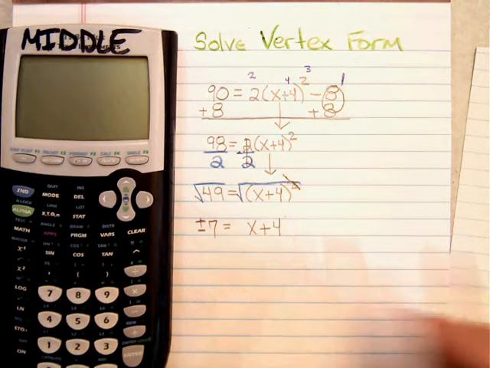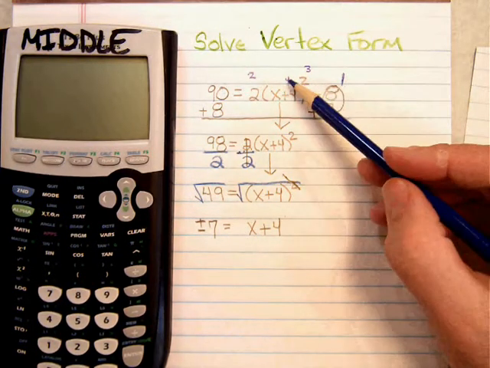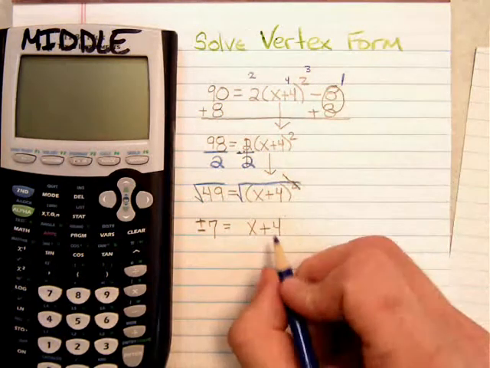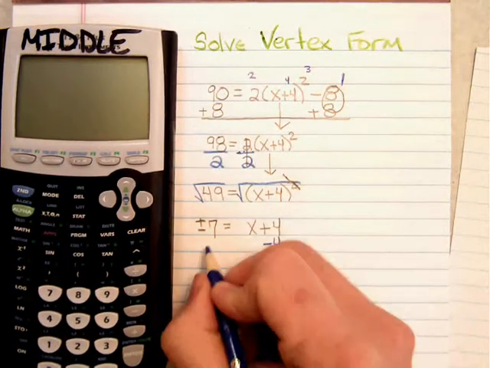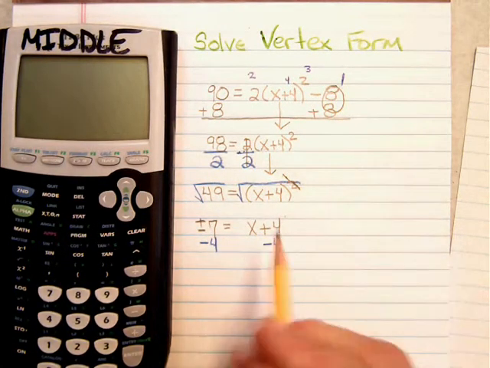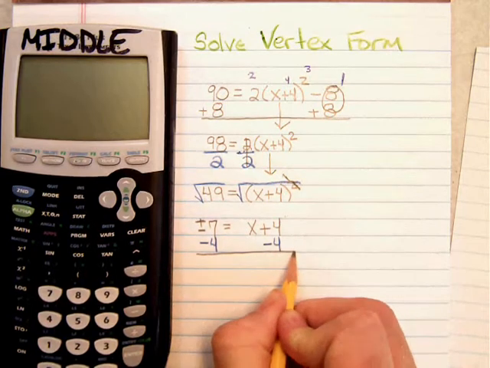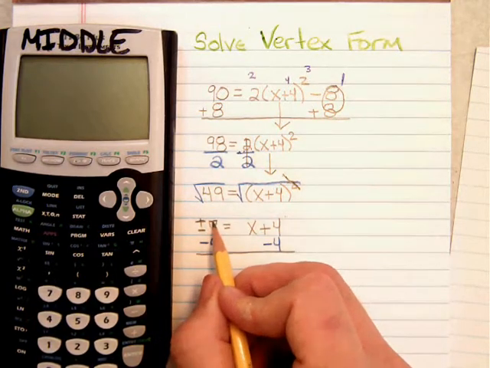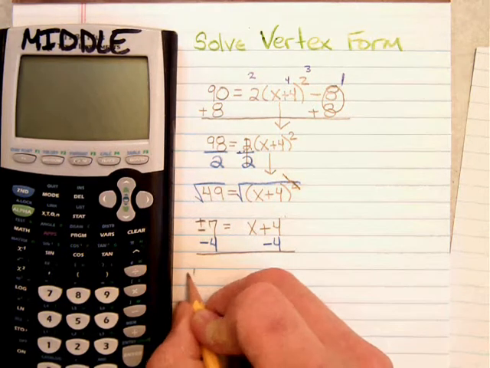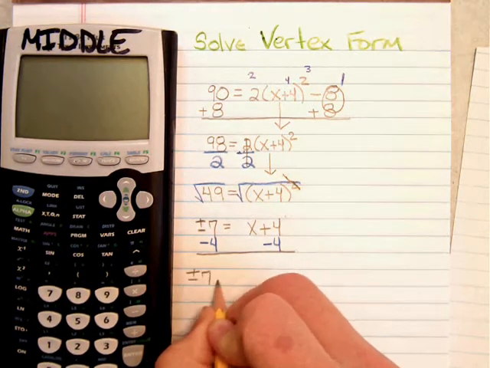The last thing that we need to get rid of, or the fourth thing, was this positive 4, or the addition of 4 here. We're going to use its inverse by subtracting 4. Now this is going to be a little bit different. I'm going to draw the line, and I'm going to write this because there's two sets, because 7 can be positive and negative. I'm going to write plus or minus 7 equals x.